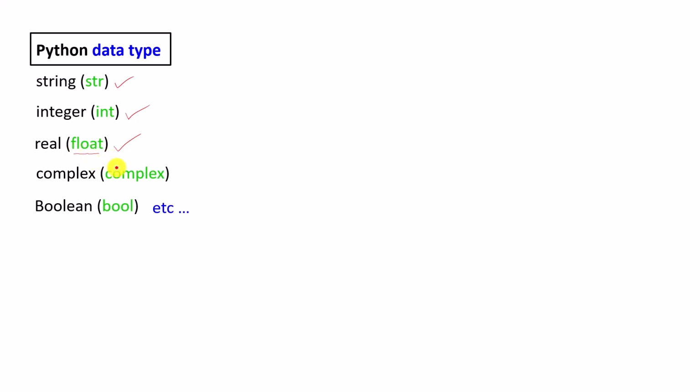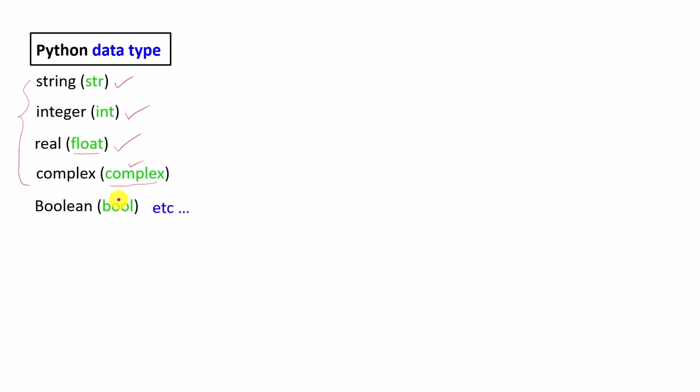After that, we have complex numbers. We know that certain quantities in science and engineering are better expressed in terms of complex numbers. So Python has an inbuilt data type for that, the complex data type. These four are the most important for us in scientific computing.